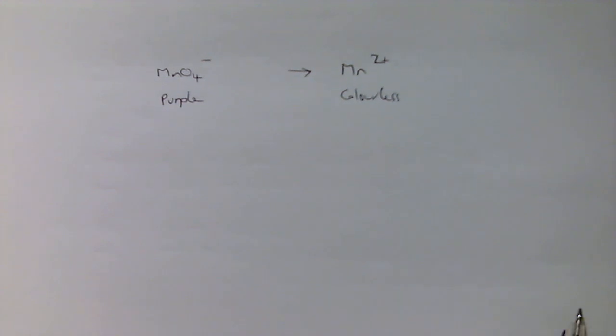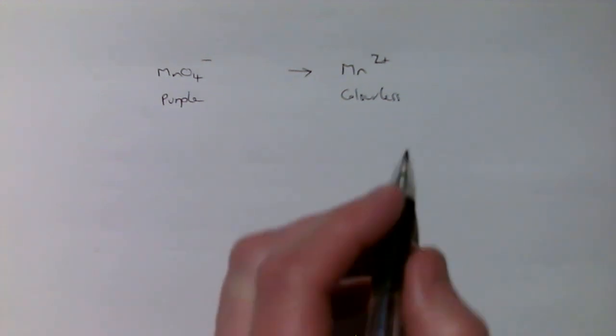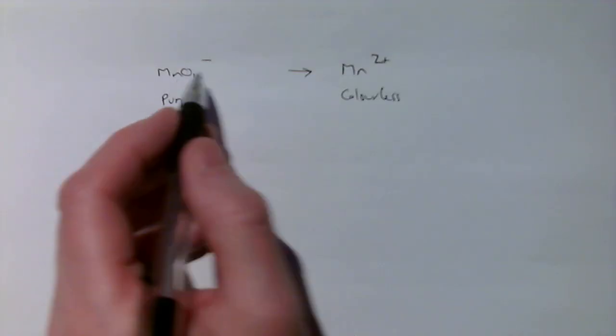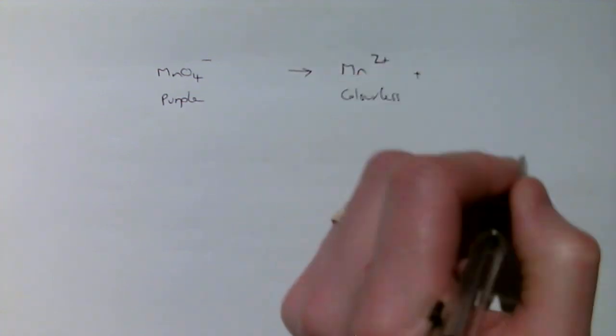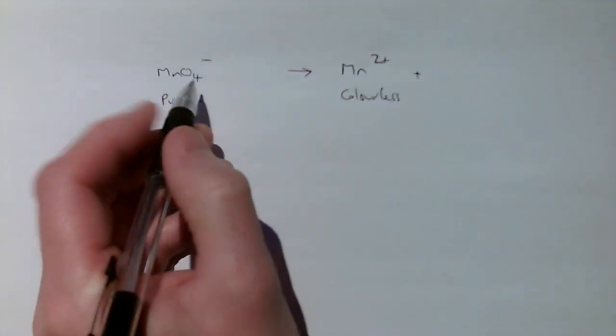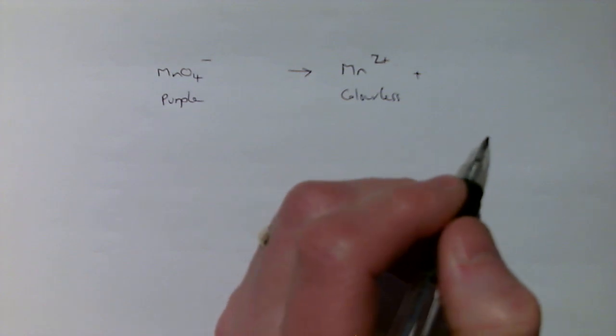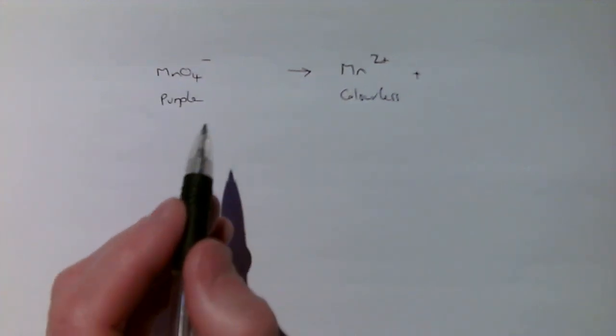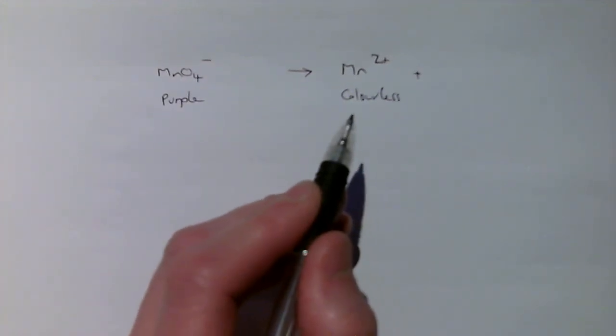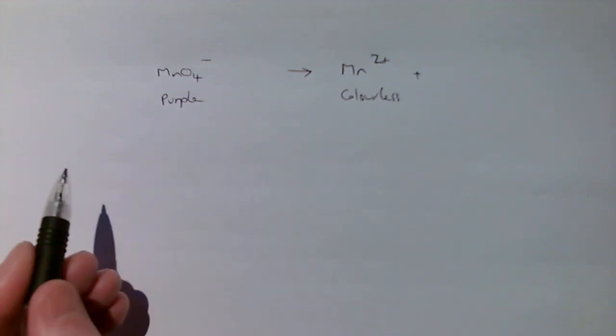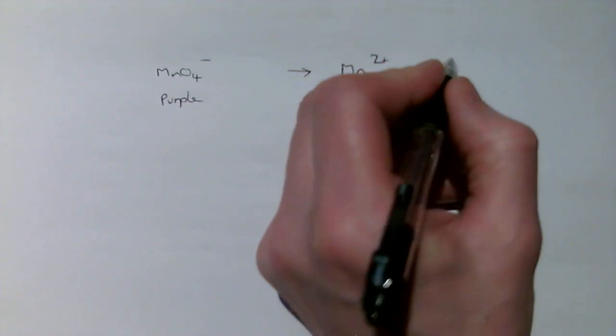First of all, I need to balance that equation. I've got oxygen on that side of the equation, so I need to have some oxygen on this side, and I always do that in these half equations by adding water. Whenever you need to add oxygen to one side of an equation because it's on the other side, you always add water.